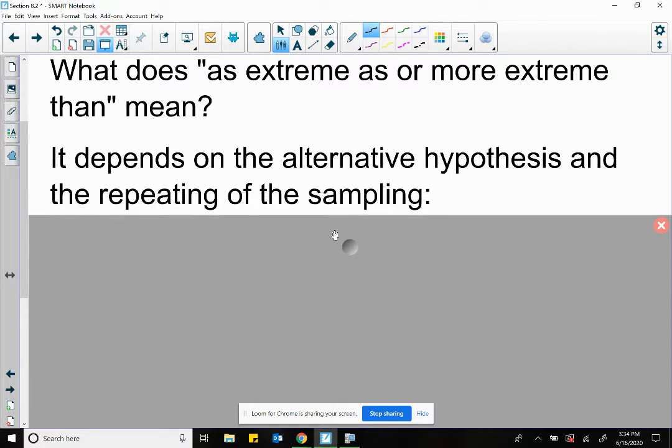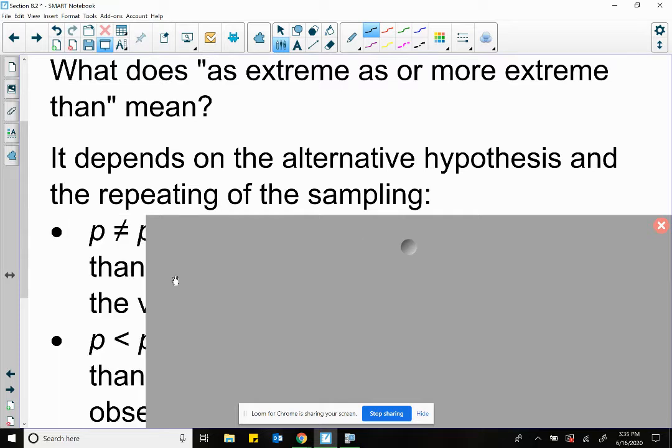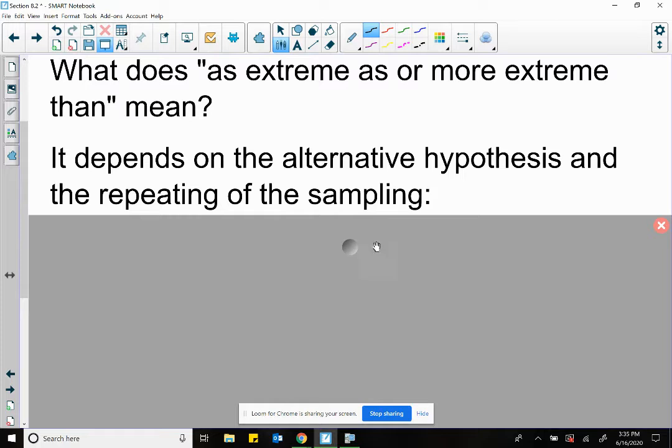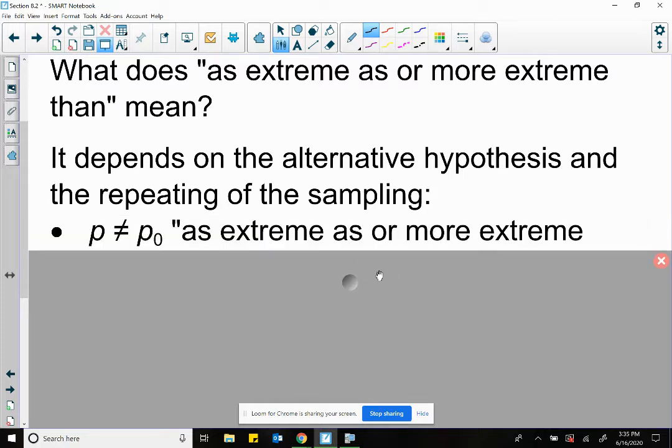Remember, our alternative hypothesis comes at us 3 different ways: the not equal, the less than, and the greater than.